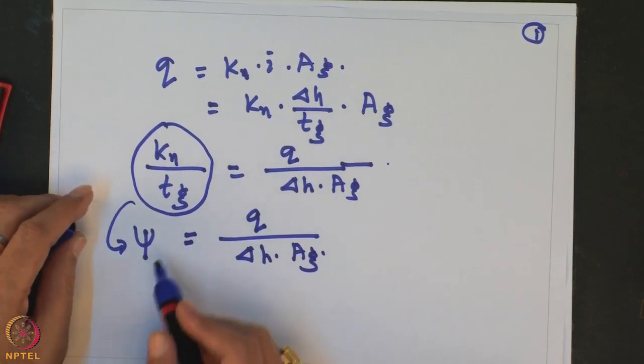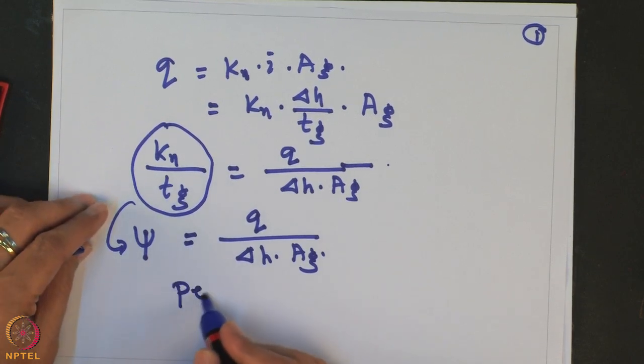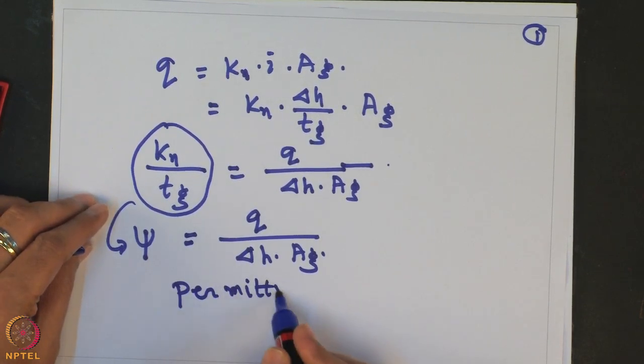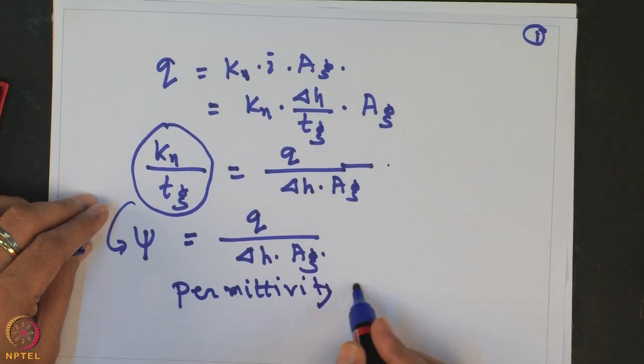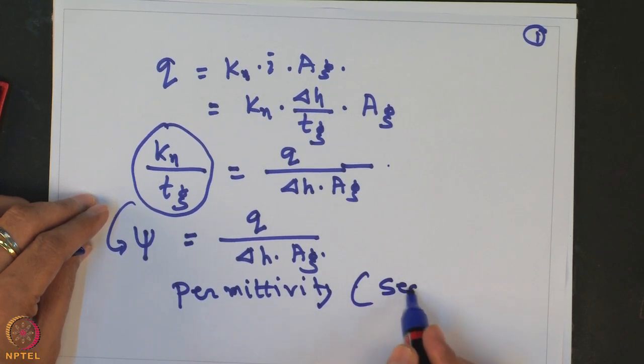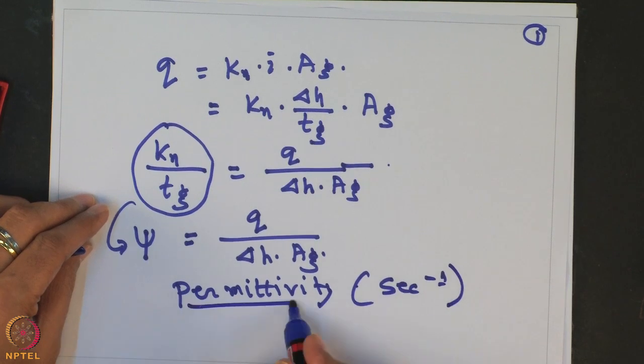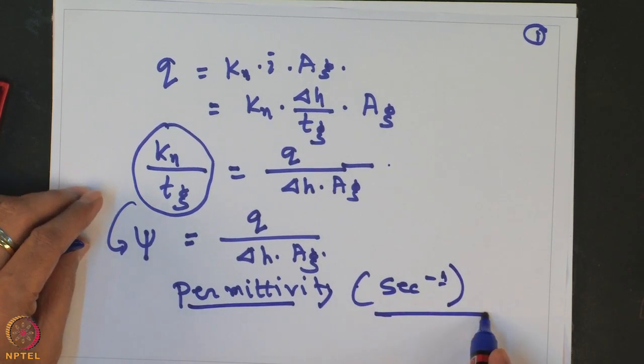So psi, which you call the permittivity, has a unit of per second. Remember, the unit of permittivity is per second.